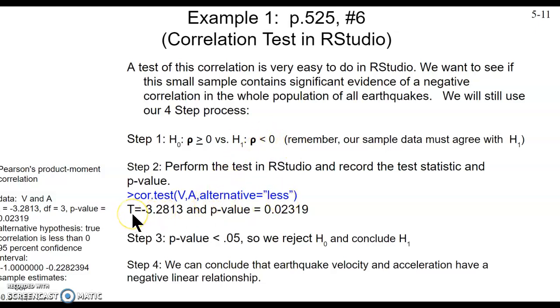And this was our T. Notice we're back to the T distribution, and there's the p-value, 0.02, right? That's great. The p-value is less than 0.05, so we reject H0 and conclude H1. That would be our step 4. We can conclude that earthquake velocity and acceleration have a negative linear relationship. So they really are negatively related.